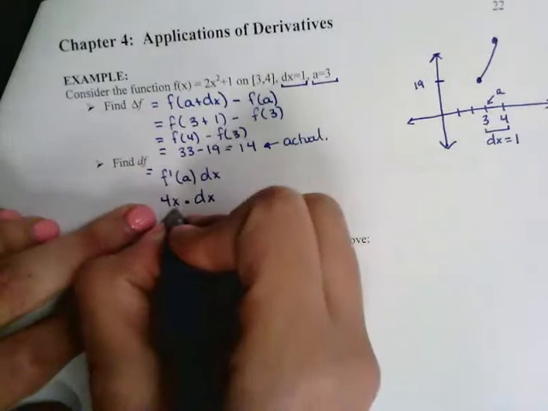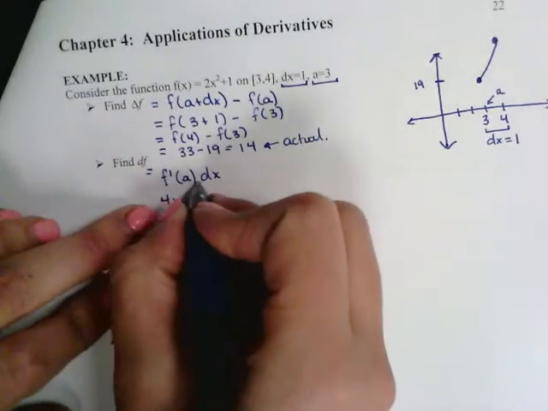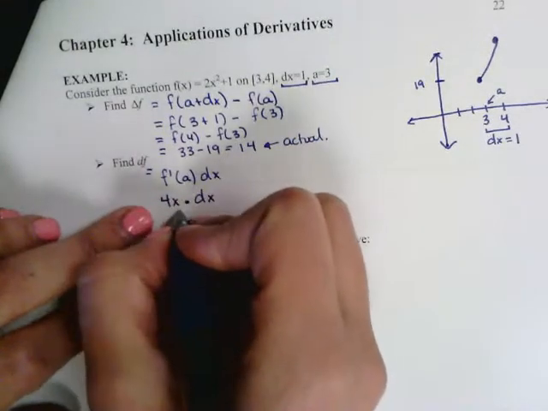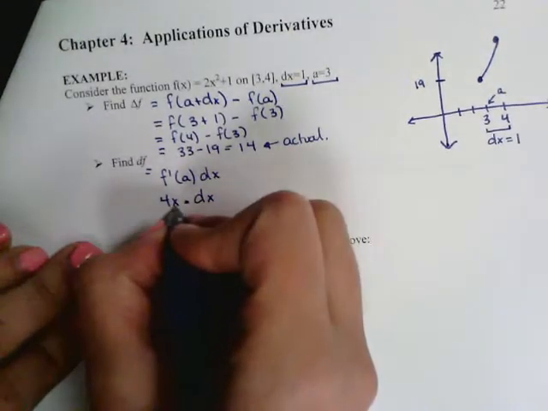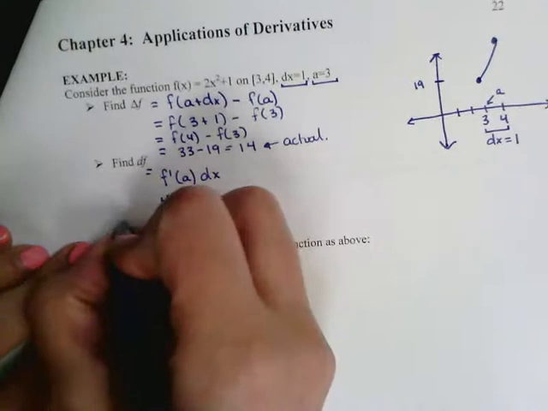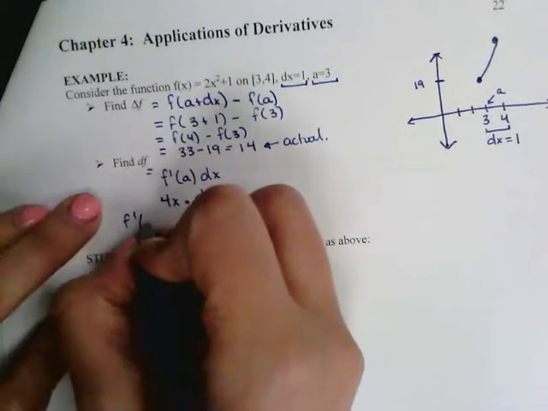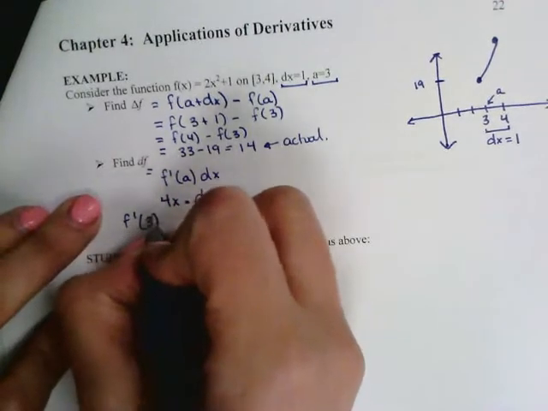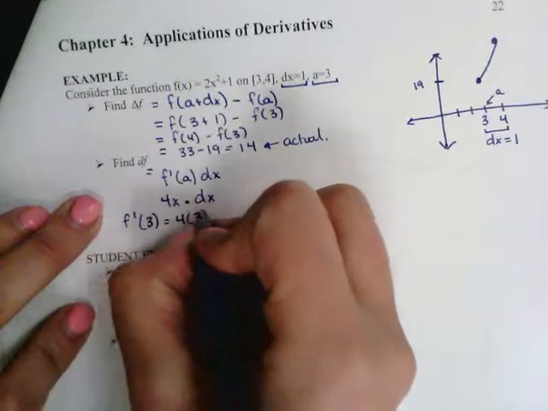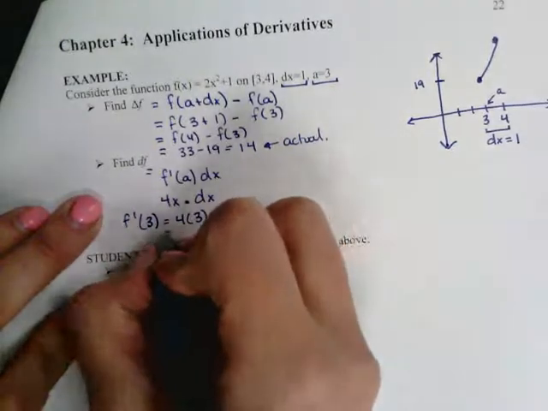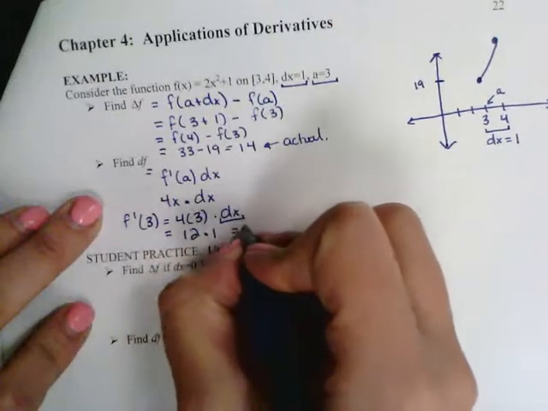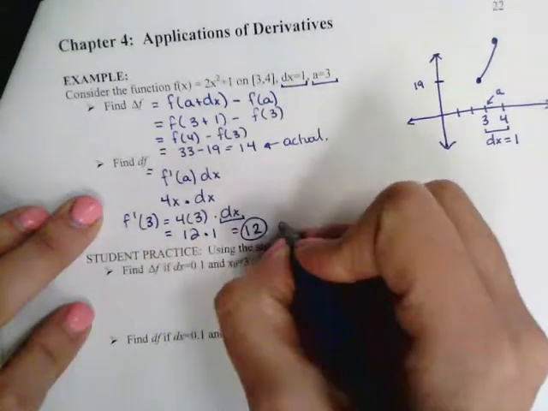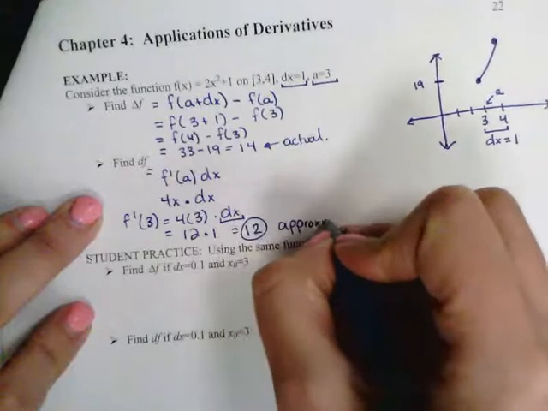So now it's f prime of a and it's 4x, which basically is the same thing as saying a. But what is f prime of a, and what is a? It's 3. So it's 4 times 3 times dx, which is 12 times, what is dx? It's 1, and that's going to be 12. So this right here is the approximation.